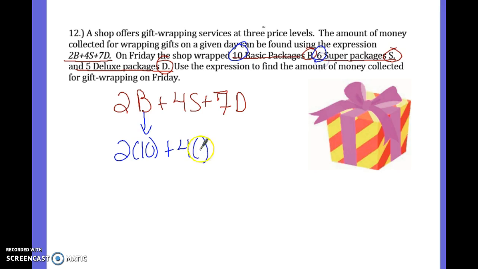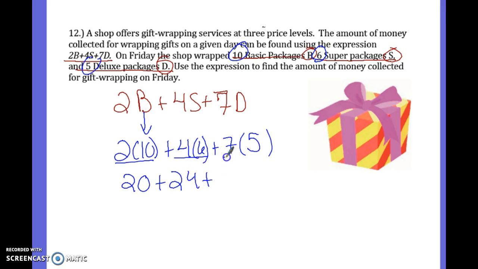There were 6, plus 7 times how many deluxe packages? There were 5. And you can actually do 3 different multiplications at the same time when they're separated by addition. 2 times 10 is 20, plus 4 times 6 is 24, plus 7 times 5 is 35.